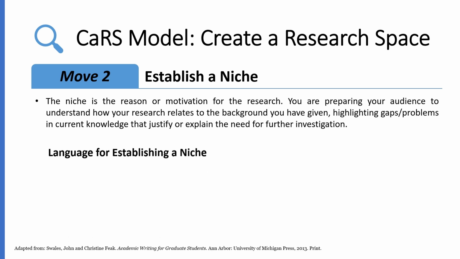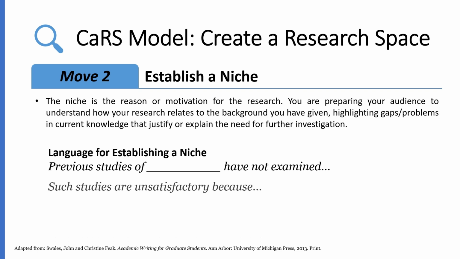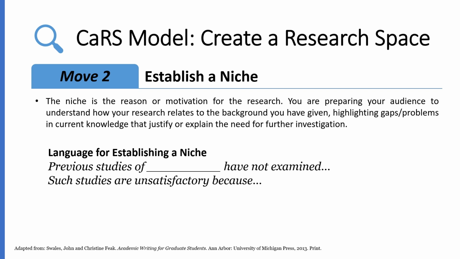So the language that we can use in establishing a niche, we can say, for example, "previous studies of blank have not examined." So in this part you are saying that something is not known because they did not examine this particular area of the topic. Or perhaps you can say "such studies are unsatisfactory because," so you are saying that something is wrong or not satisfying about the previous studies about this topic.